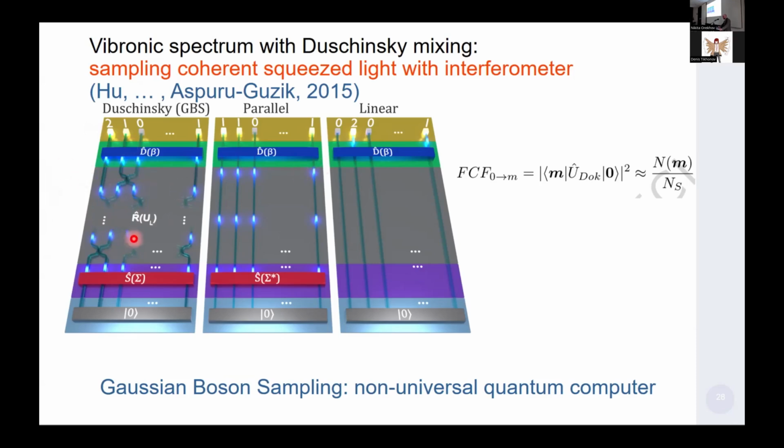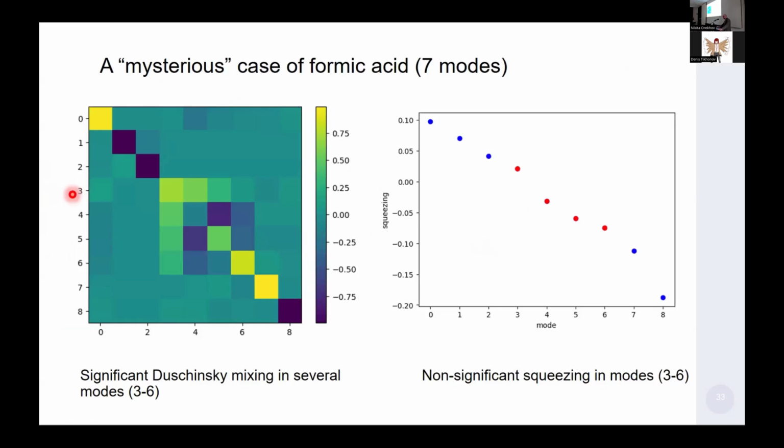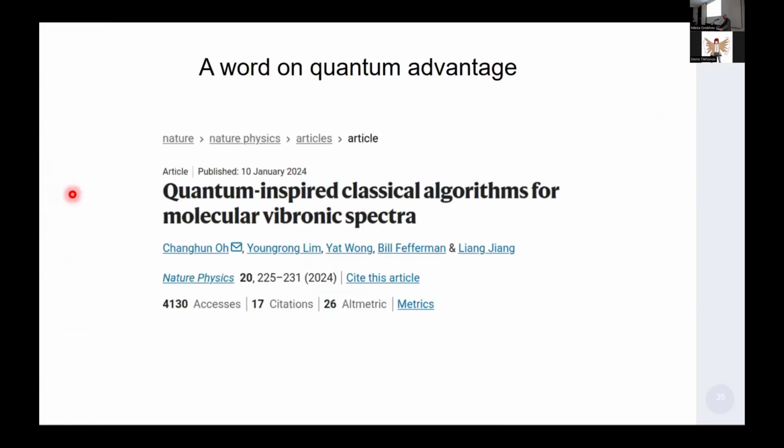So we actually use more modes. So each channel is a mode, and we got better quality, which brings us back to the question of quantum advantage, which is vastly discussed in the quantum computing community. So if a quantum computer is any better than a classical one, and if vibronic spectroscopy is a use case.